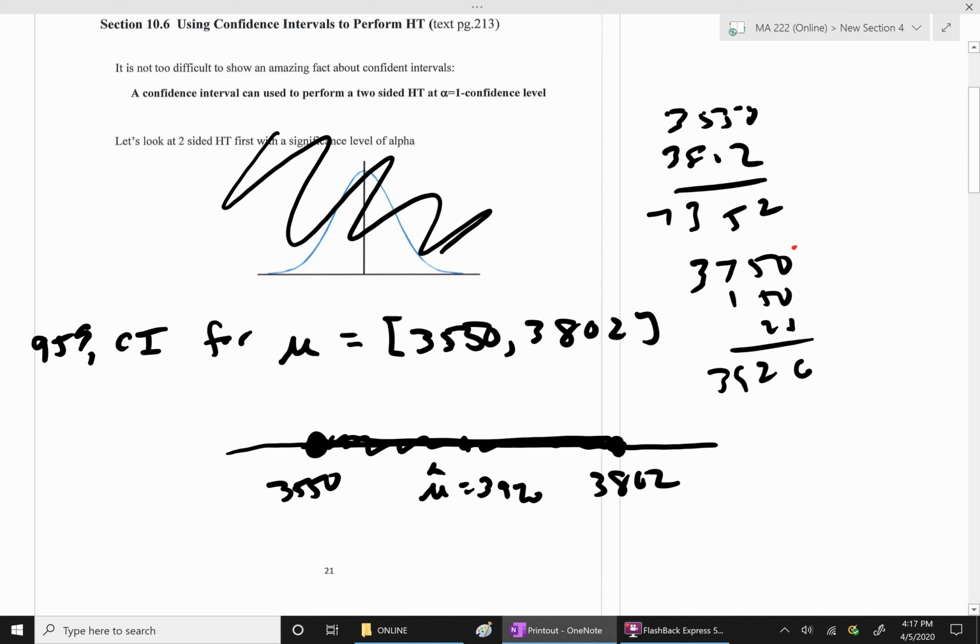You can run a two-tailed hypothesis test at alpha equal to 5%. So what I'm going to do, I'm going to take the confidence level and subtract it from 100%. So alpha would be 5%. In other words, the significance level and the confidence level have to add up to 100%. And let's run a two-tailed test.